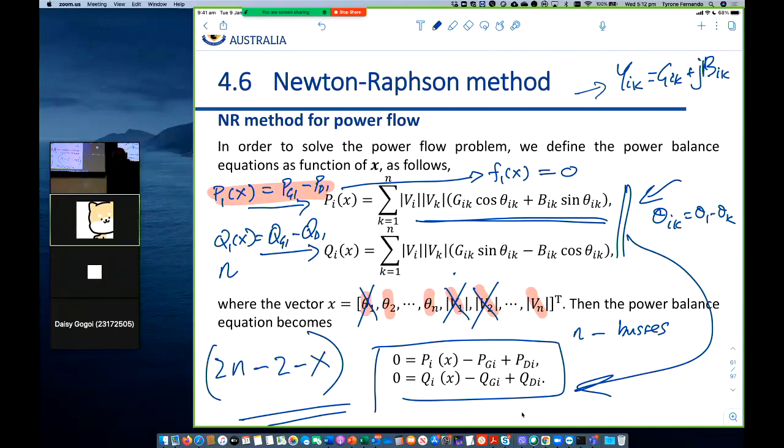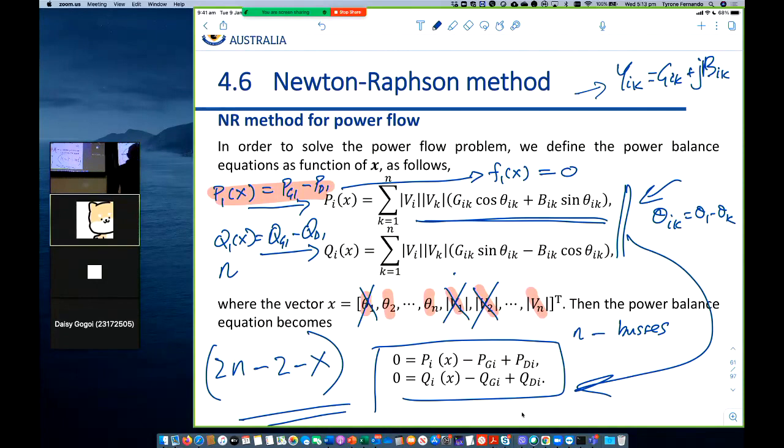If I already know the voltage magnitude at a particular bus, I don't need to write an equation. So I write two less and x less. 2n minus 2 minus x are the equations that I have to write.